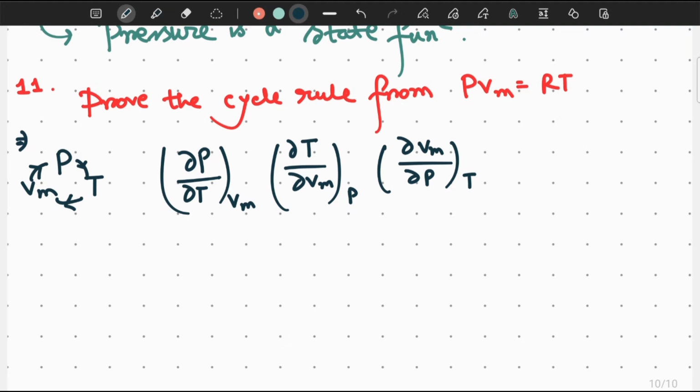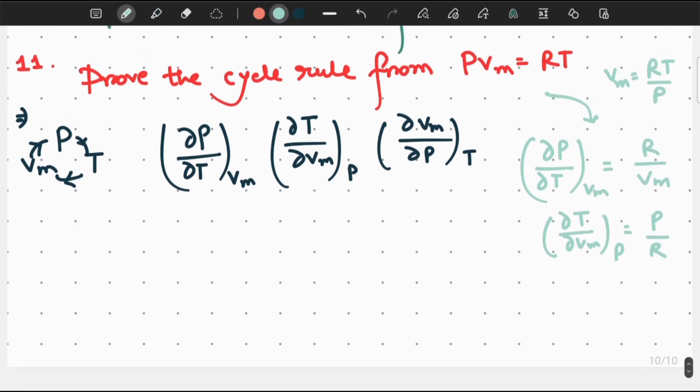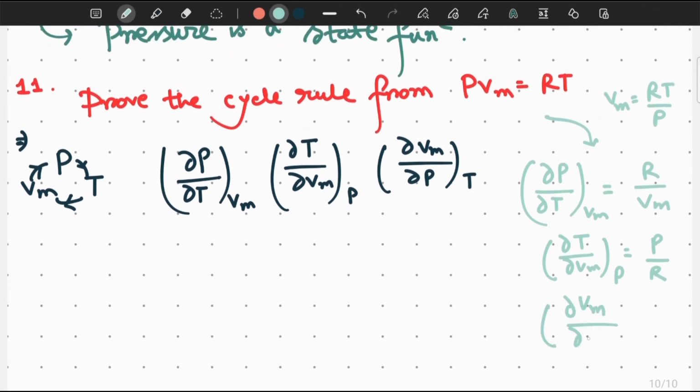The first term, del P/del T at Vm: because P is equal to RT by Vm, it is R by Vm, right? Next, del T/del Vm at P: because T = PVm/R, it should be P by R. And the last one, Vm = RT/P, so del Vm/del P should be minus RT by P square.